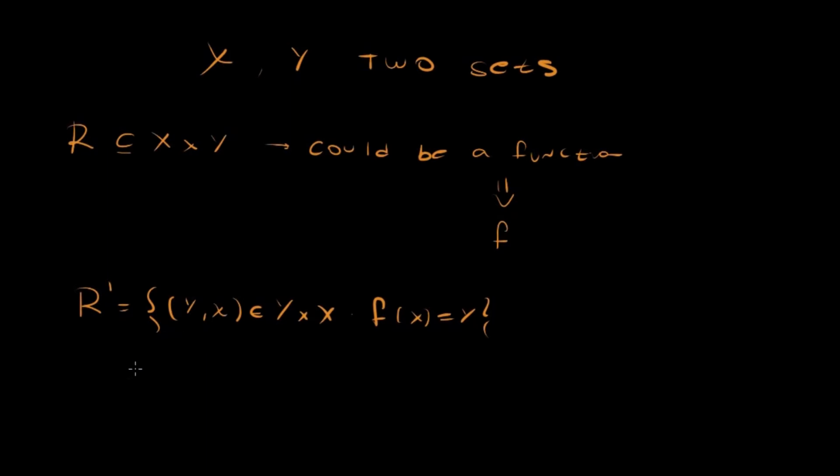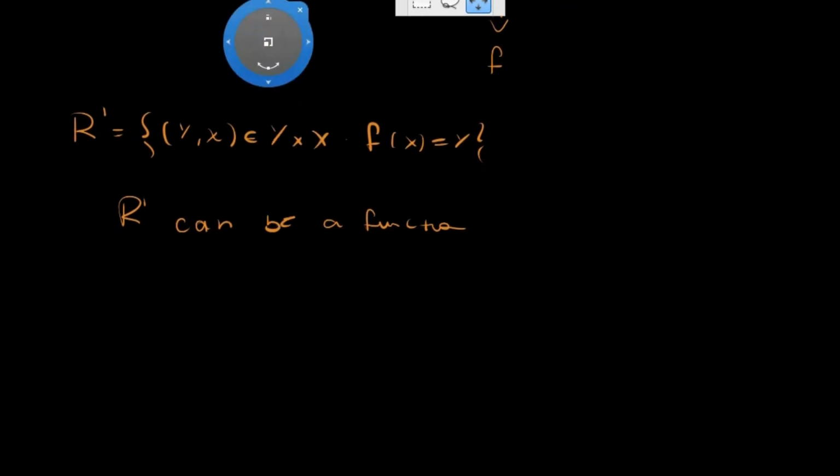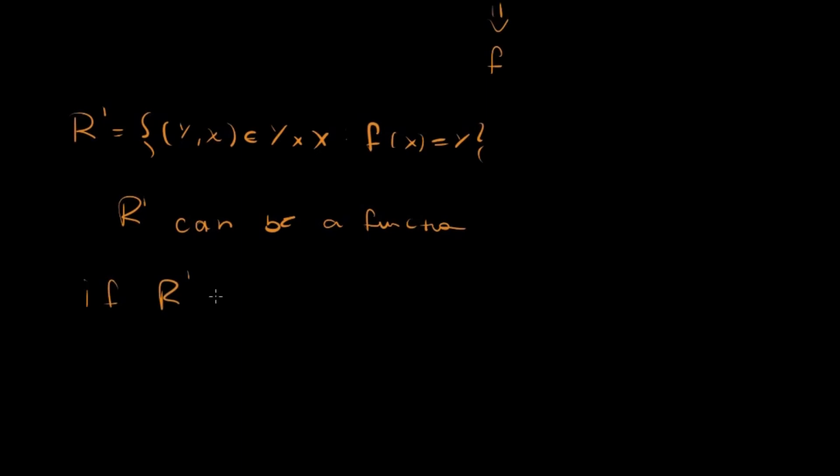Now, sometimes this relation R prime can be a function. Sometimes it can be, sometimes it may not. And that's one thing we're going to call: if R prime is a function, then we call it the inverse.